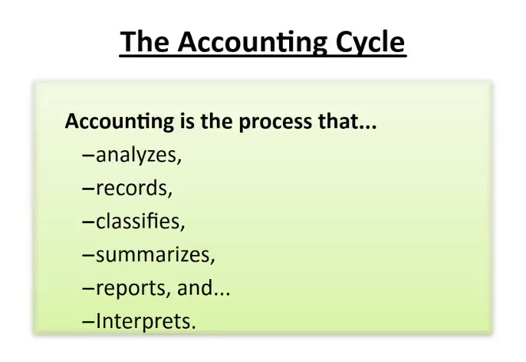Then we record it in a journal. Then we classify it, whether it is an expense, whether it is an income or something like that. We classify what kind of transaction it is.